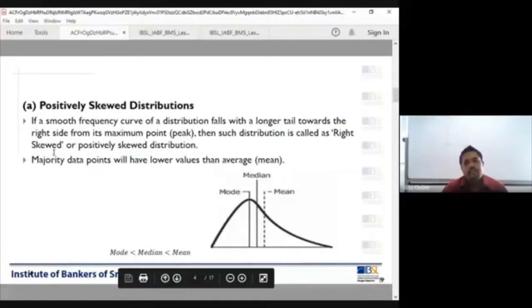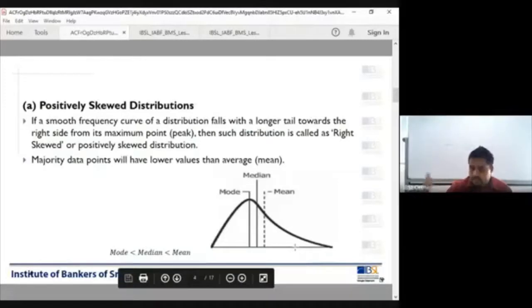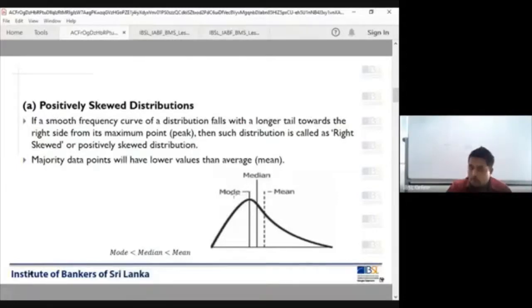So let's discuss what the positively skewed distributions are. If a smooth frequency curve of a distribution falls with a longer tail towards the right side from its maximum point, the peak. What is the maximum point again? Always it is the mode, maximum number of occurrences. Okay.